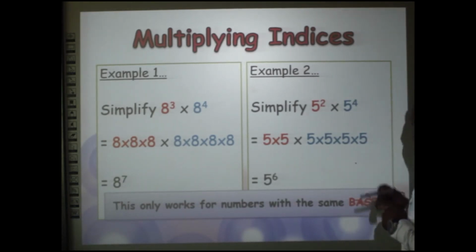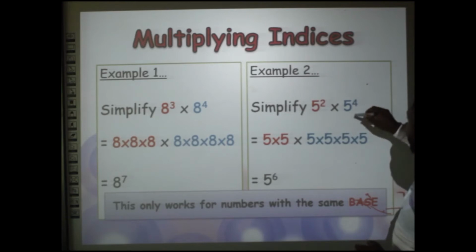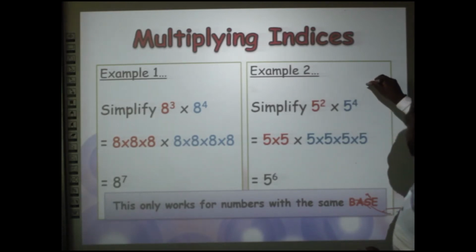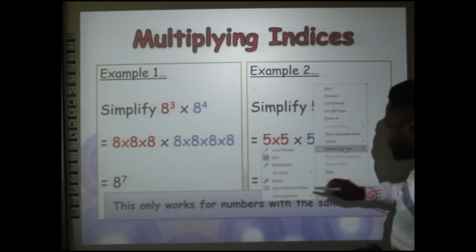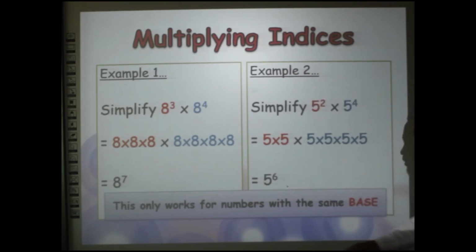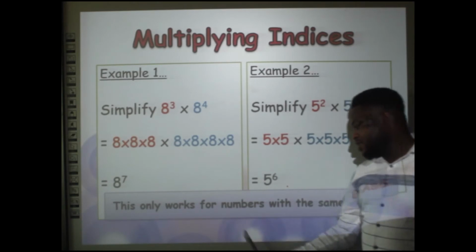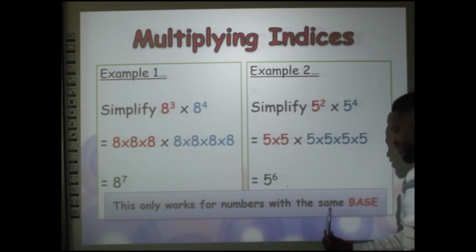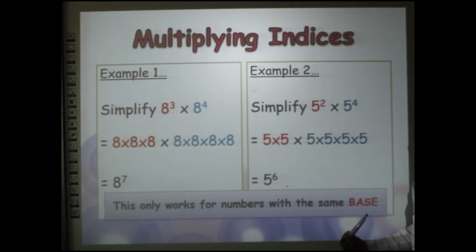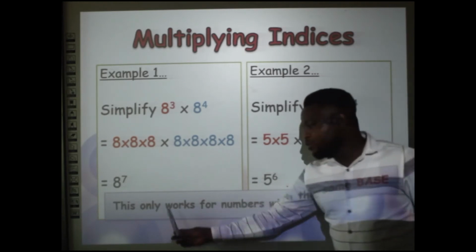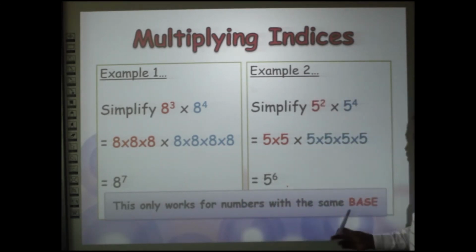Now, this is very important here. You need to know that this only works for numbers with the same base. Okay? This only works for numbers with the same what?